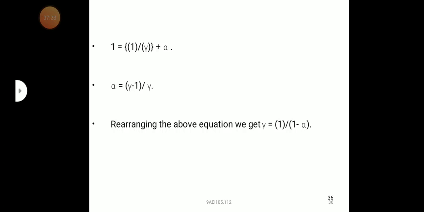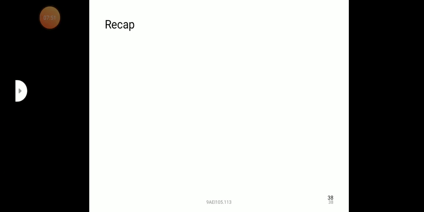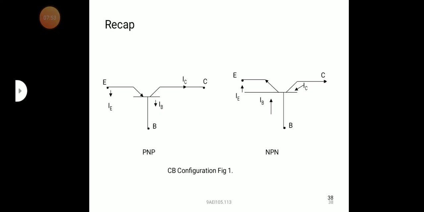Now we try to discuss the collector current expression in the common base mode of a transistor. So now we derive the expression for the collector current. This is the common base configuration, emitter, collector, base.